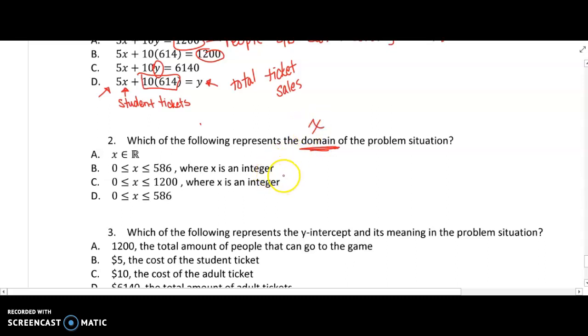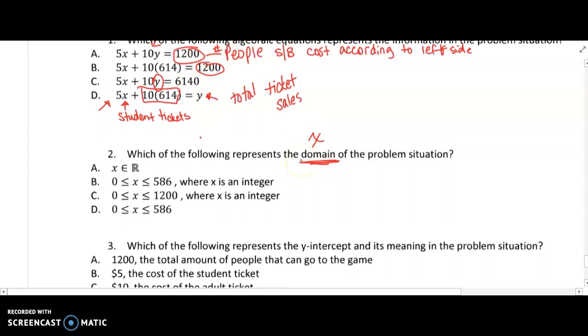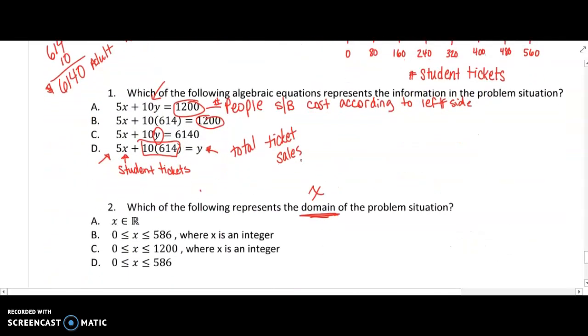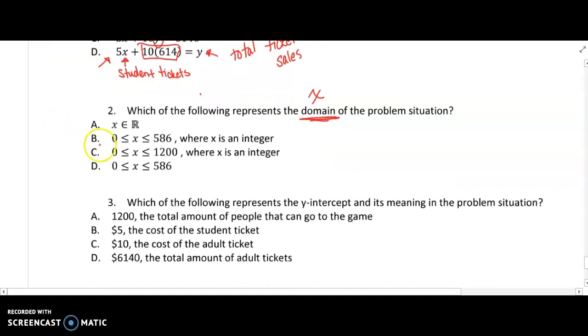And so we said that we had 586 student tickets left, right? So we know that it's going to be from 0 to 586. Well, it's not going to be this one because that means it could be a half of a ticket. You can't sell half of a ticket.